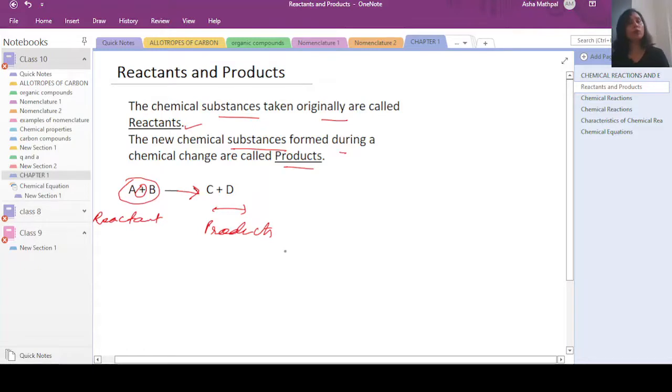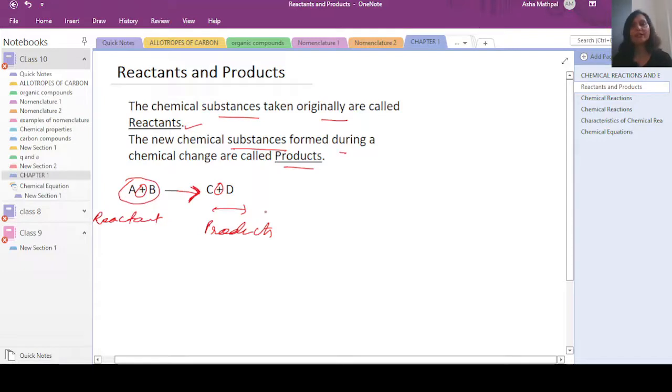Whatever number of products are formed, they always have a plus sign between them, just like in the case of the reactants. The arrow always points towards the product. The point of the arrow should be towards the product. That is, the arrow tells us what is formed at the end of the chemical reaction. Anything present at the beginning is called a reactant.